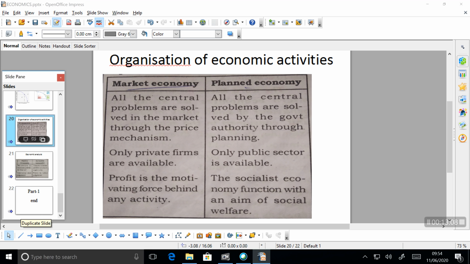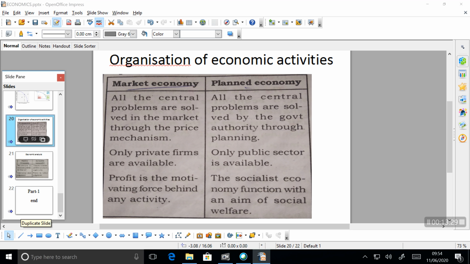But in a planned economy, all the central problems are solved by the government authority through planning. The market economy adopts the price mechanism and the planned economy adopts planning. The market economy is under the control of private firms, but the planned economy is under the control of public firms.